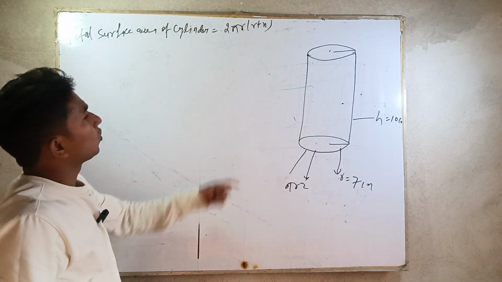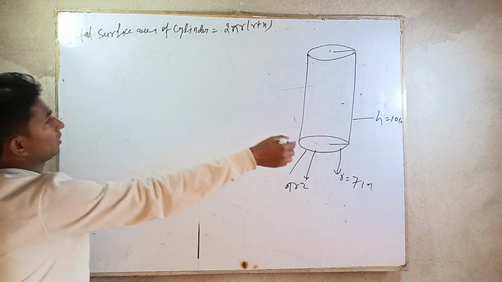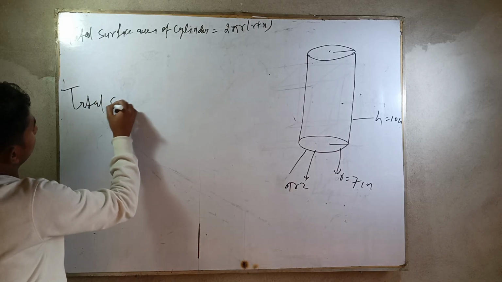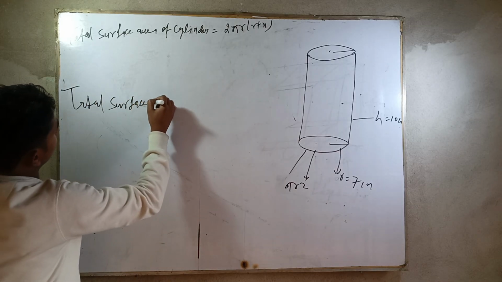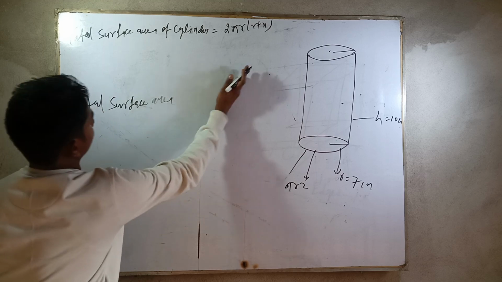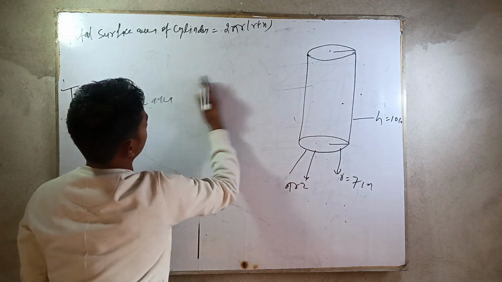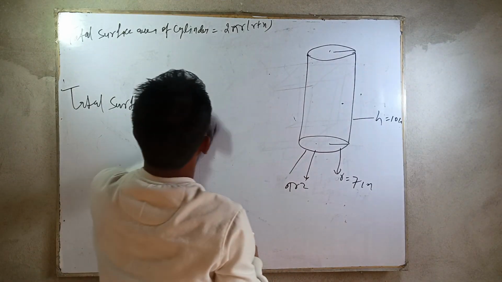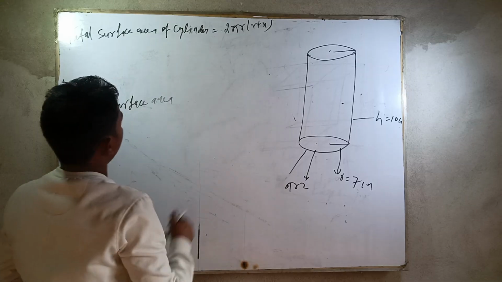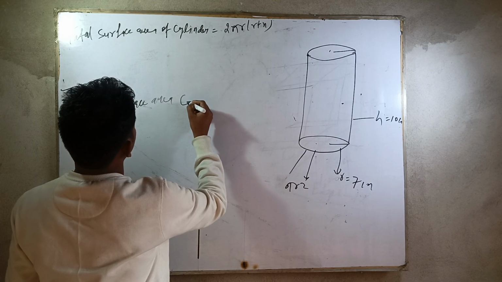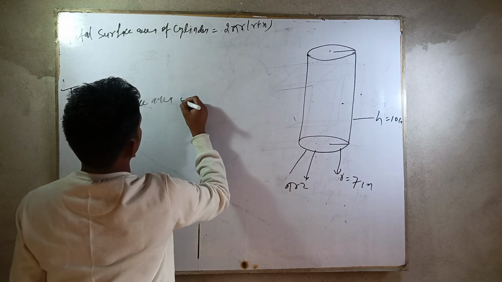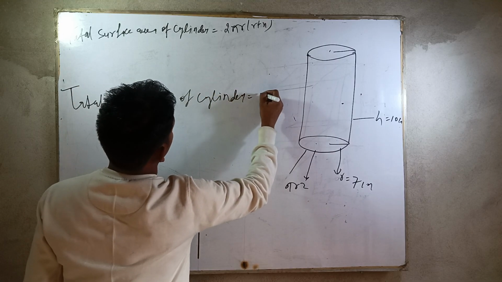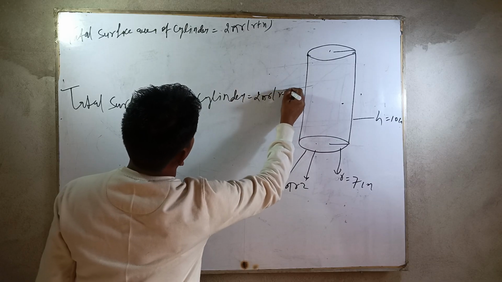So this one is total surface area of cylinder. Total surface area of cylinder equal to 2 pi r into r plus h.